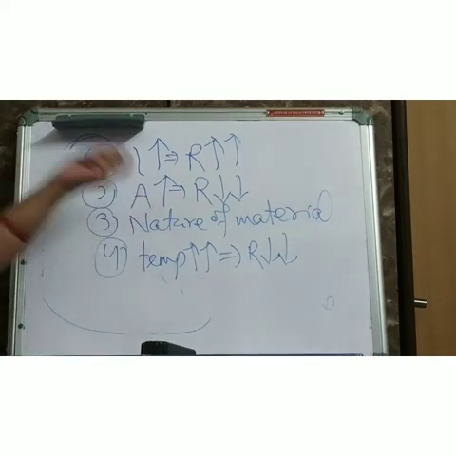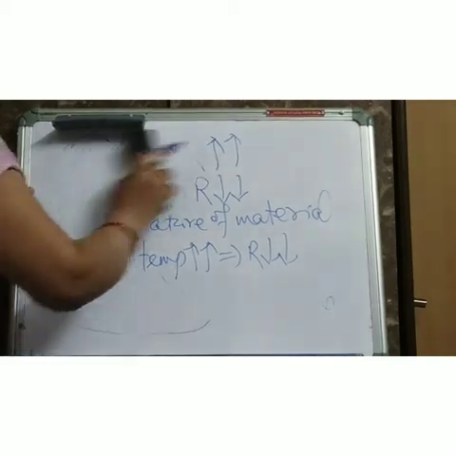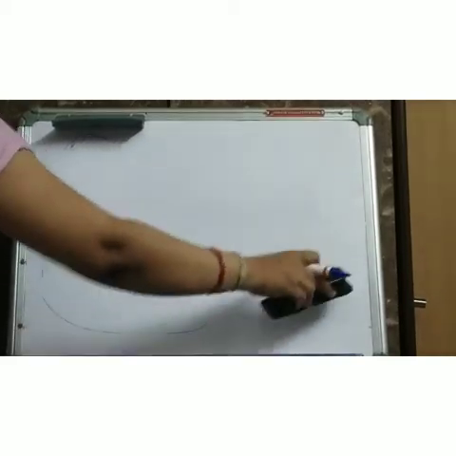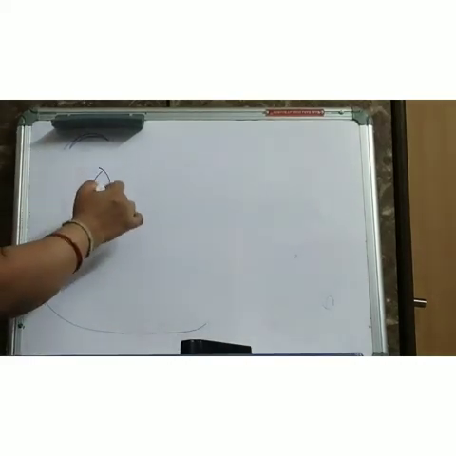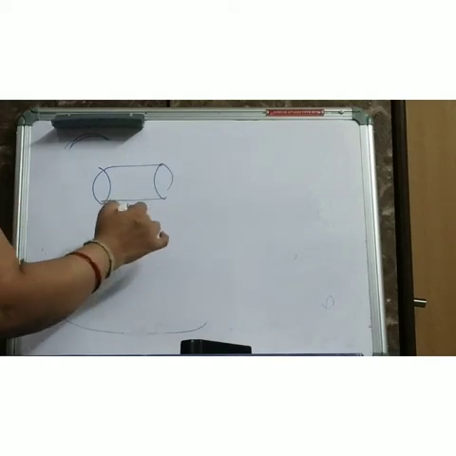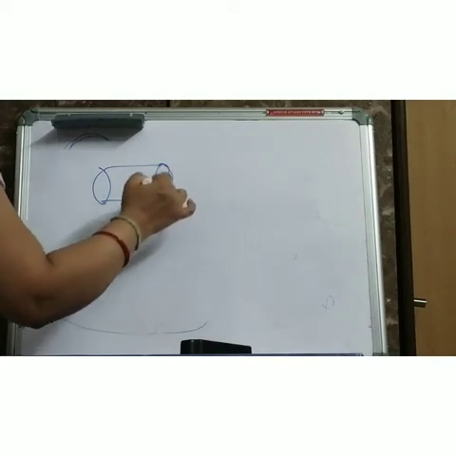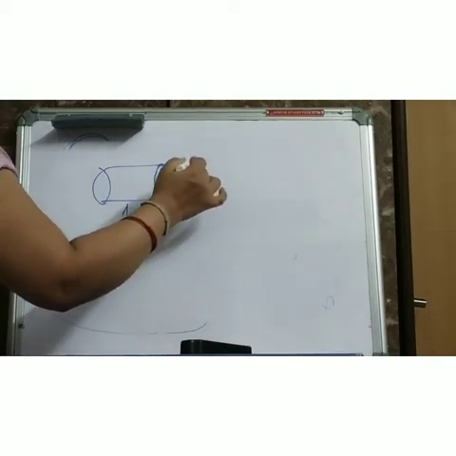How do you define resistivity? This question comes in board exams, an important 1 marker. Take any conductor of length 1 meter and area of cross section of 1 meter square.